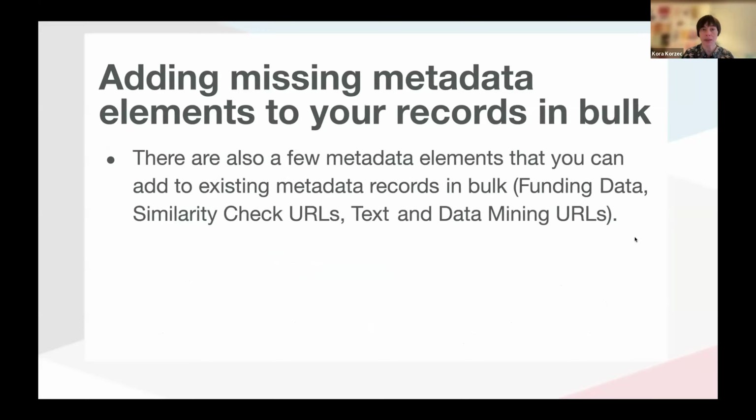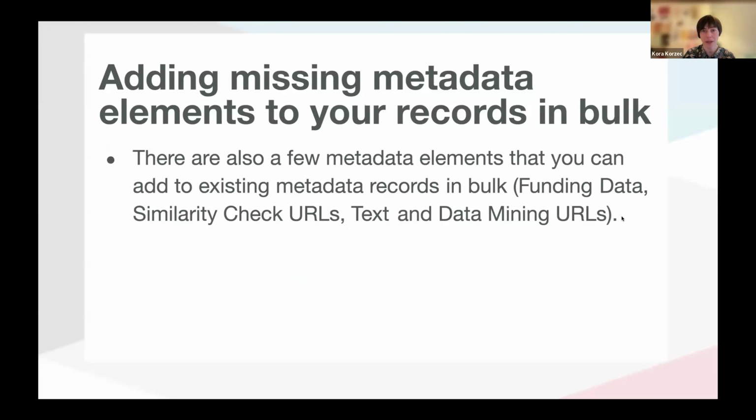If you want to add missing metadata elements to your records in bulk, that is possible. You can do that for a few different types, especially for funding data, similarity check URLs, and text and data mining URLs.